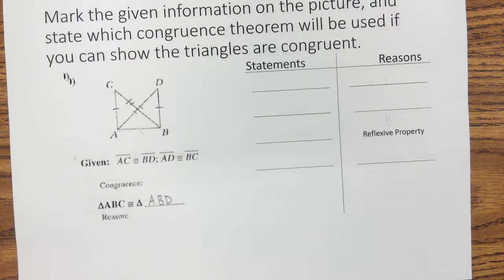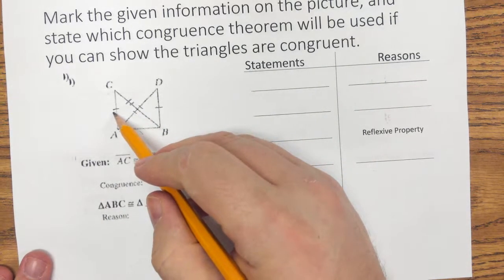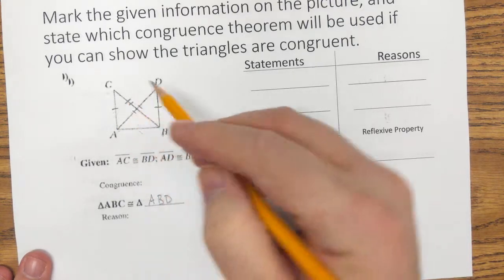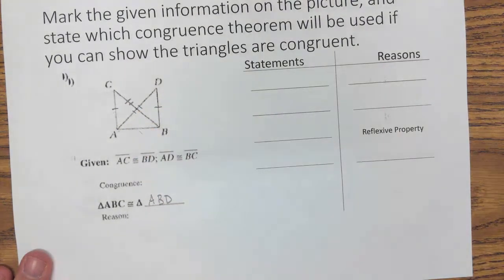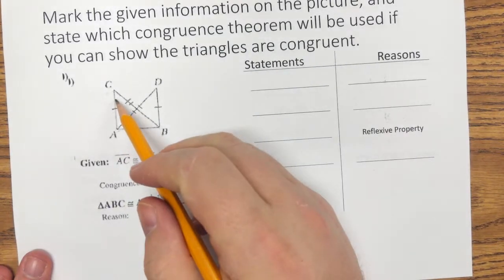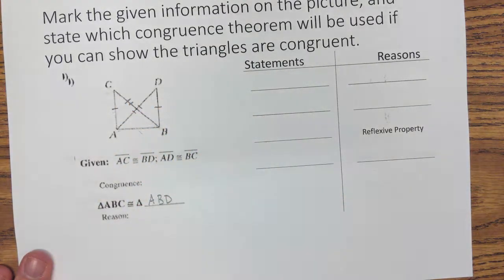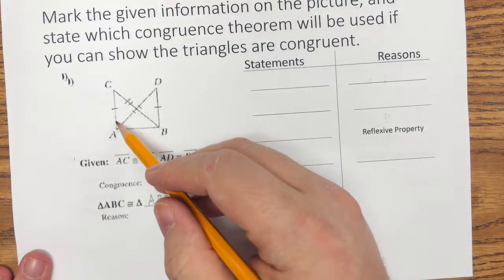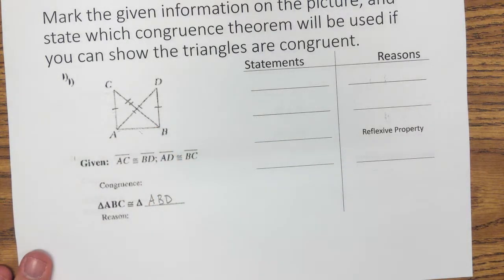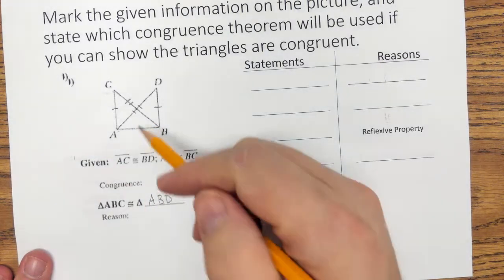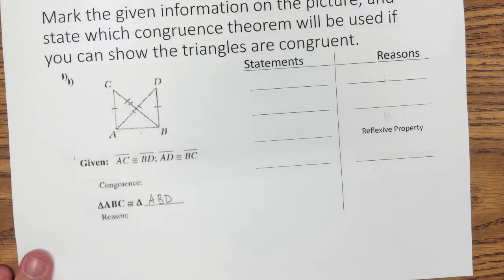Alright. Now, let's think about this for a minute. So I've got a side here, a side here, side here, side here. Do I know anything about the angles? Now some of you might be looking at this and say, oh, these look like they're right triangles. Well, you would be wrong. They didn't tell us they were right triangles, so I cannot use that fact.